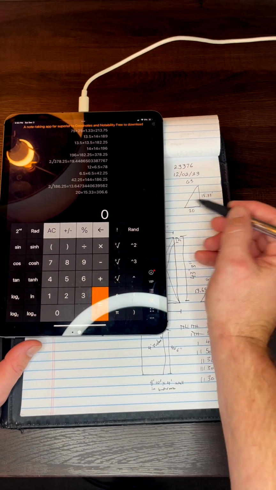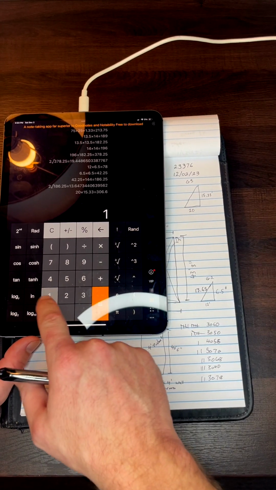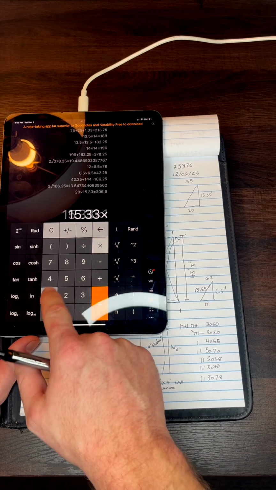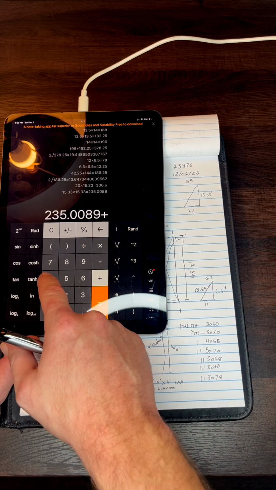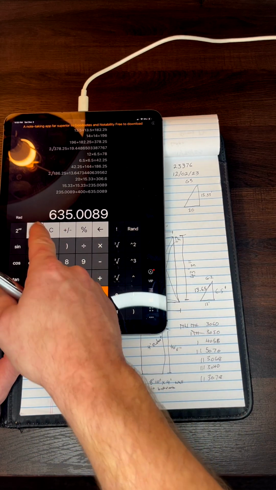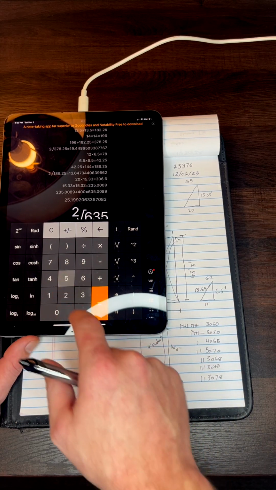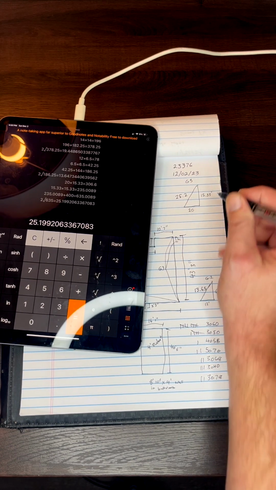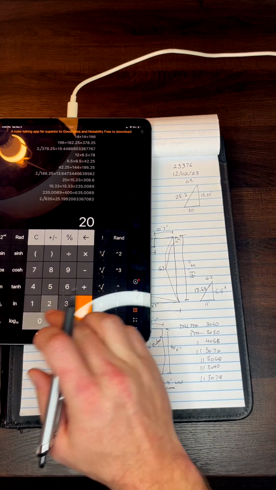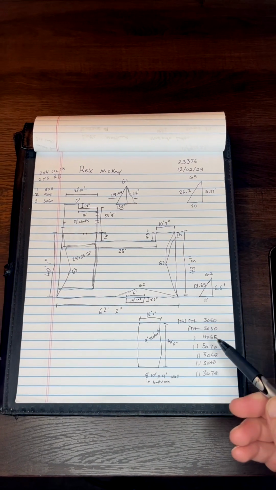So to find this one, 20 times 20 is going to be 400, so 15.33 times 15.33 equals 235 whatever plus 400 equals 635. Square root of 635 equals 25.2. And then I don't remember, did we find the area of this one? Yeah, we did.